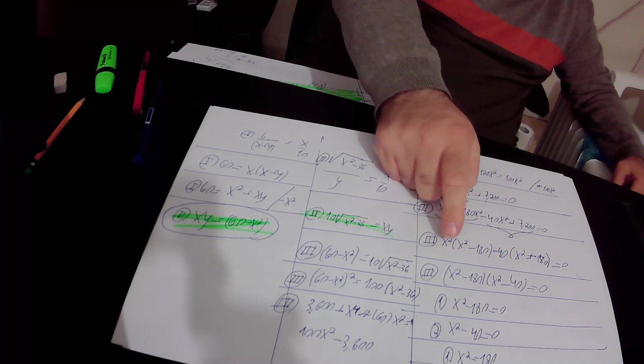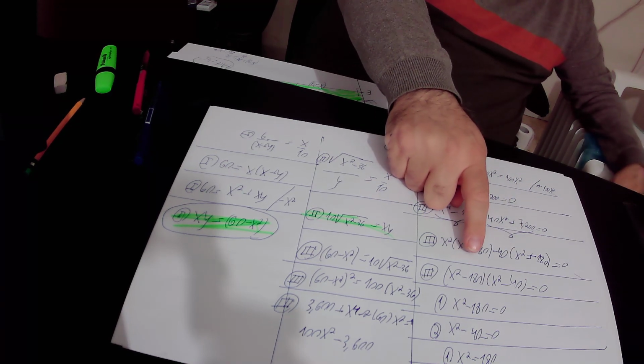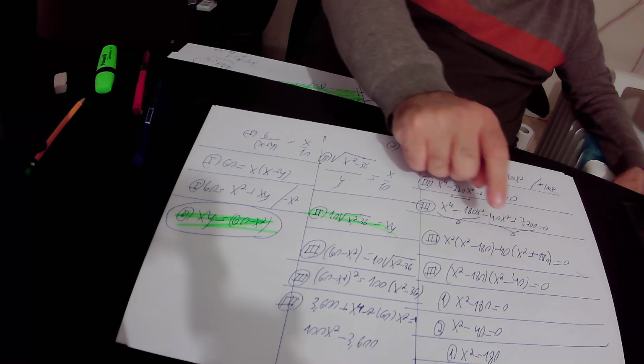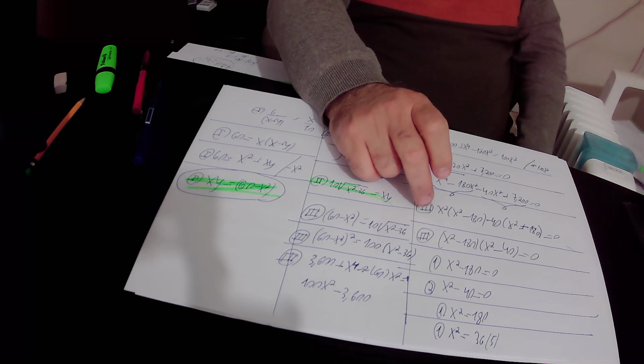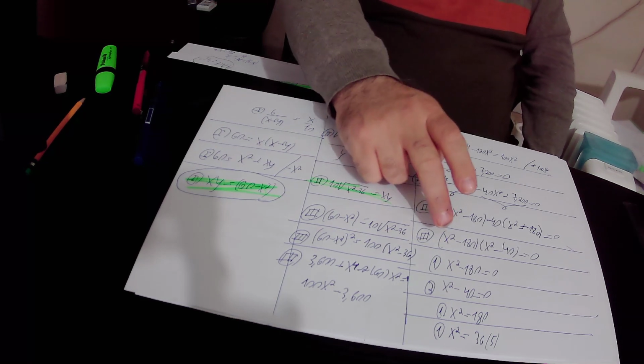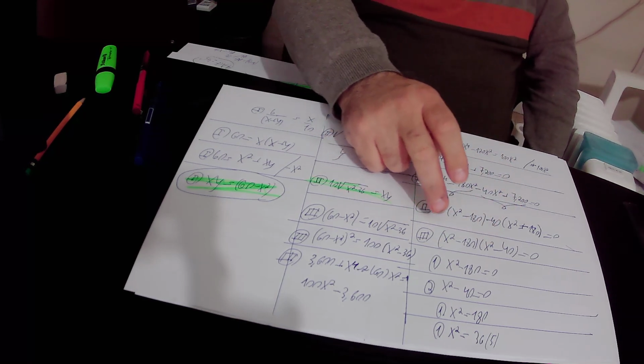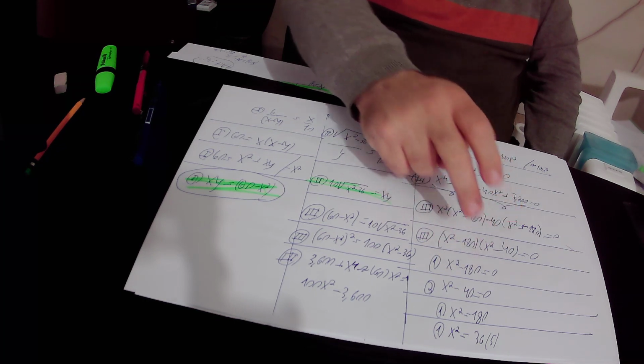So in conclusion we got that x squared minus 180 times x squared minus 40 equals 0. So here we have two possible solutions for x. The first solution is x squared minus 180 equals 0, and the second solution is x squared minus 40 equals 0.